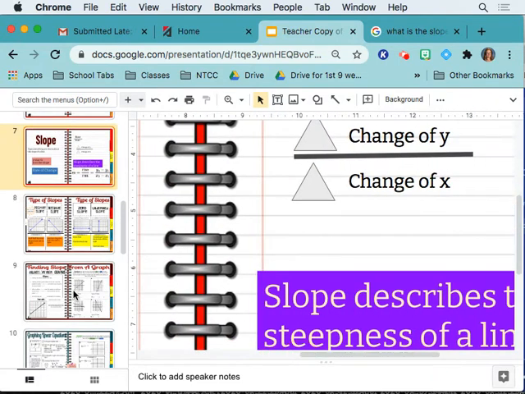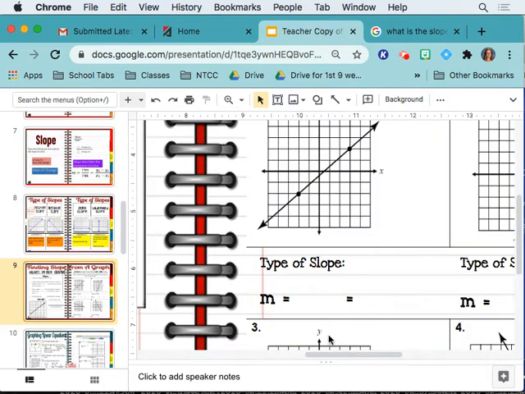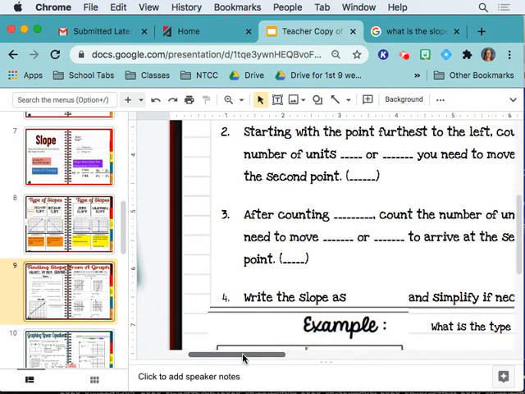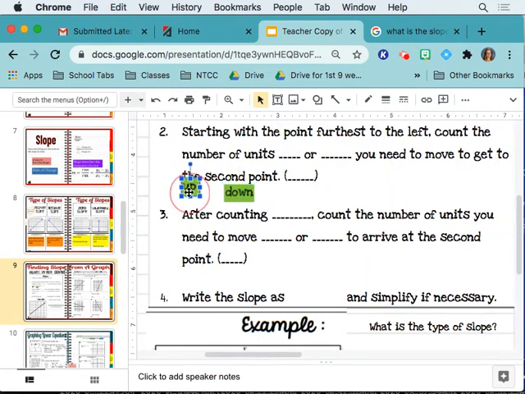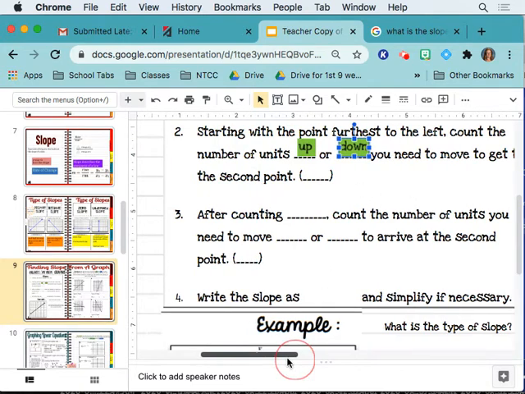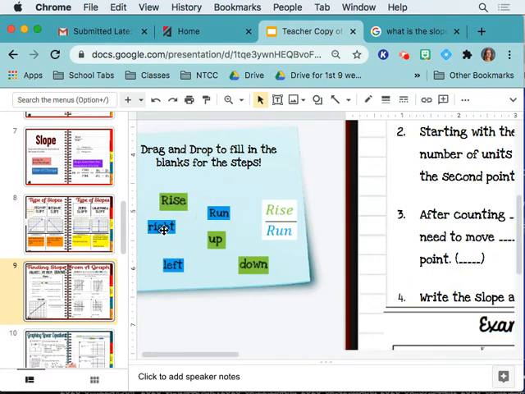So you count rise. What would be your rise? Yeah, up and down. Count the number of units up or down you need to move to get to the second point. And this is called our rise.